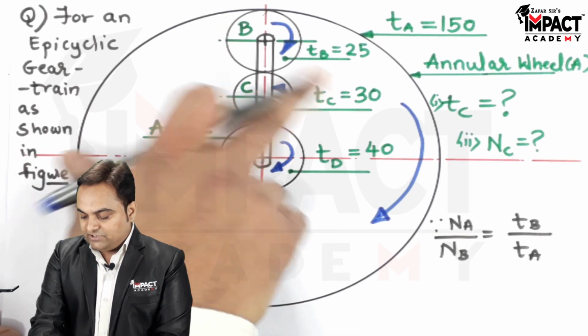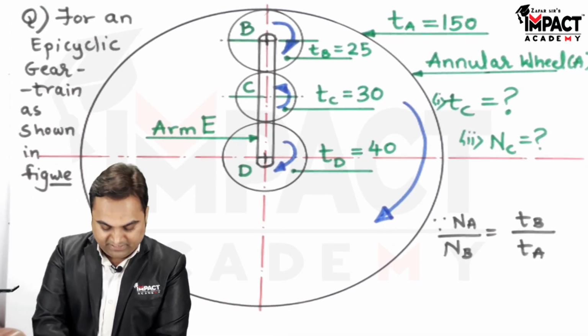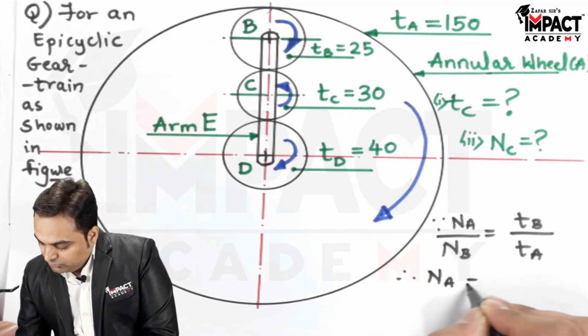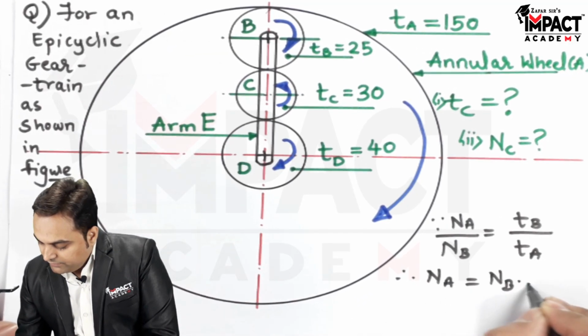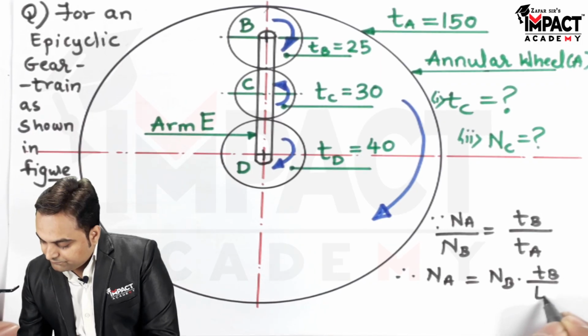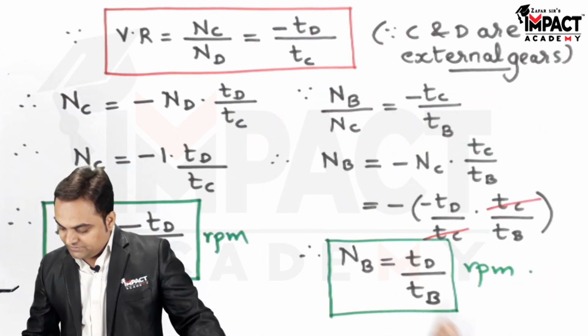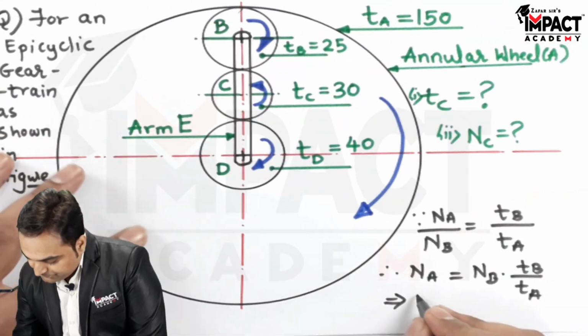Here the nature of rotation is same, so we are putting just the positive sign. So finally NA would be equal to NB into TB by TA, and NB value has just been calculated, it is TD by TB.